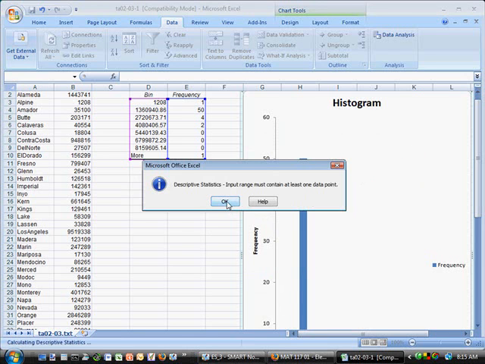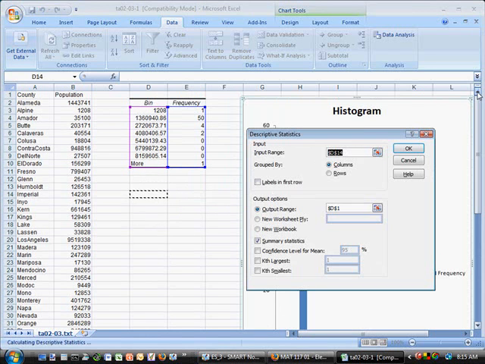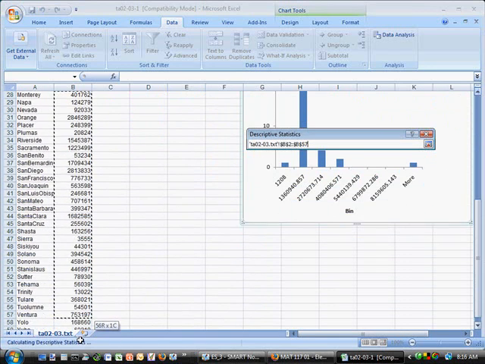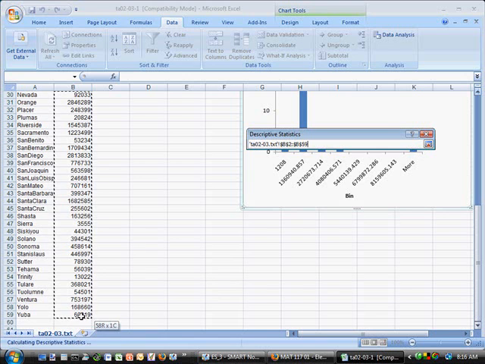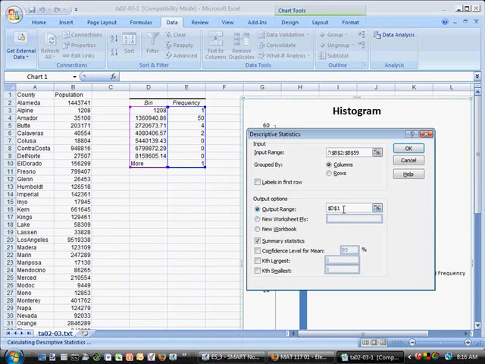I must have done something. Let's go back and do that again. I must not have had my cursor highlighted. Input range, click and drag. I know what I did. I like the way it tells you. I didn't have my cursor flashing in here before I chose my output range. So now choose it, and now it should work.